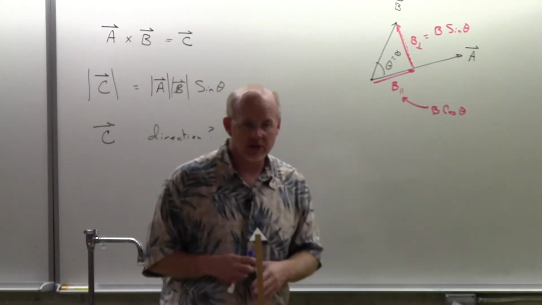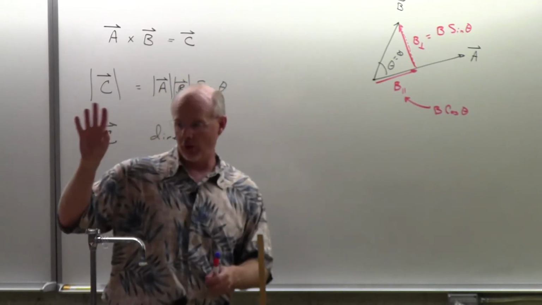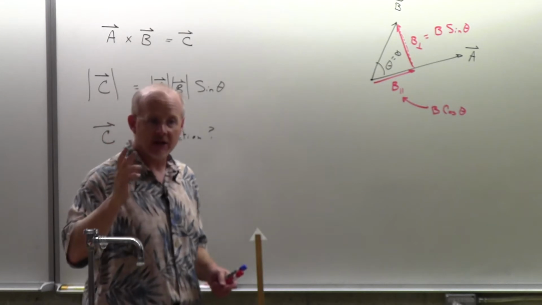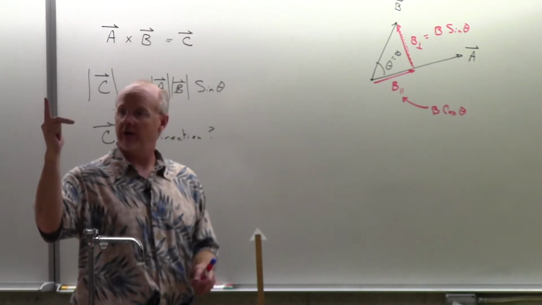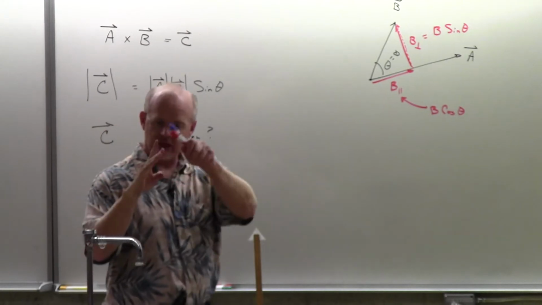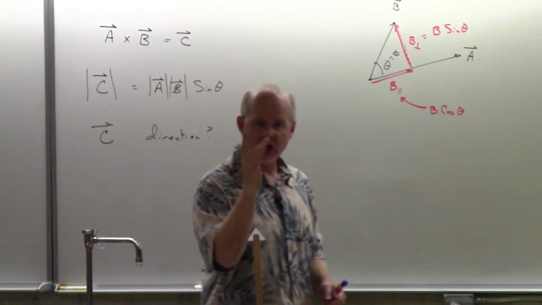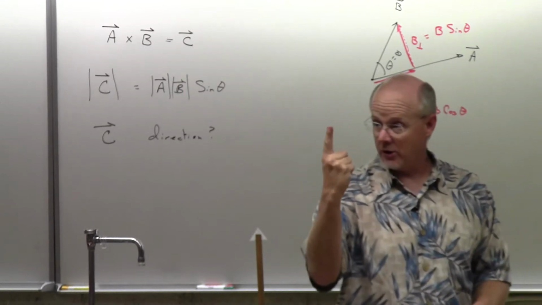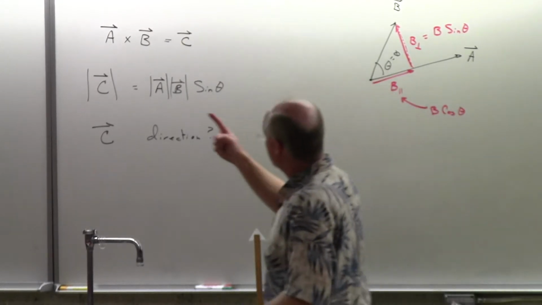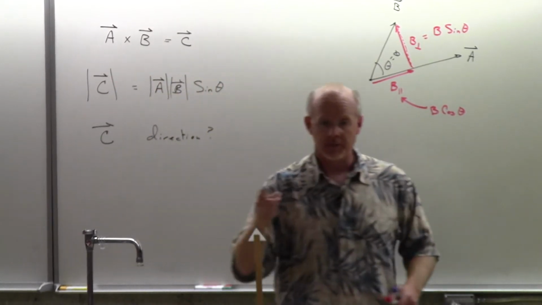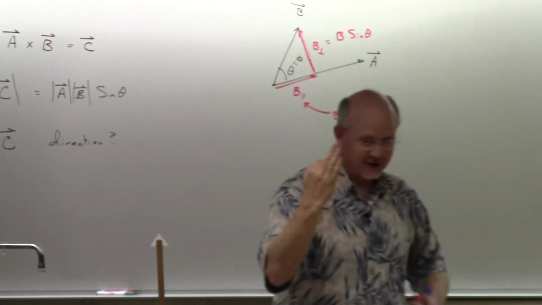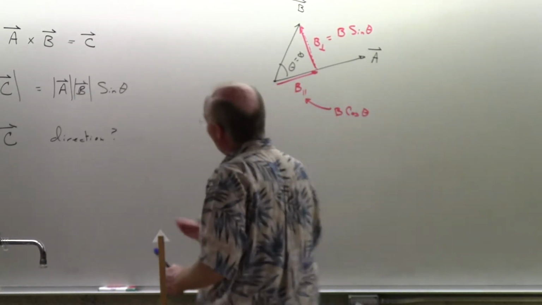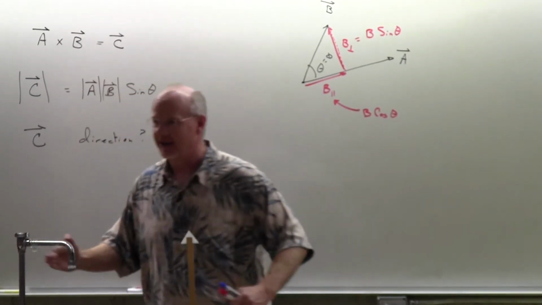Well, here's the definition. It's a right-hand rule, so it means you use your right hand. And it works something like this. Adjust your 2 fingers, or some people like to use the index finger and their other 3 fingers, but adjust these 2 to make up the vectors, where your first finger goes in the direction of the first vector, and your other fingers then go in the direction of the second one.